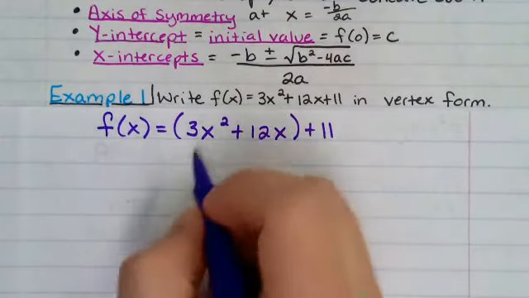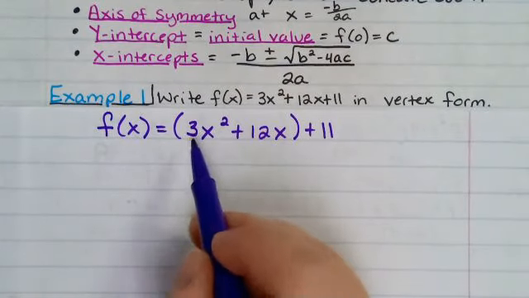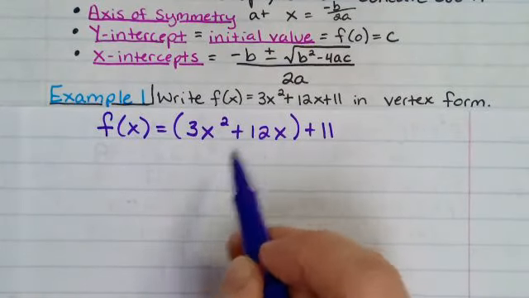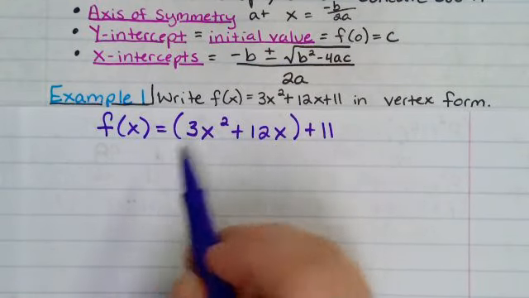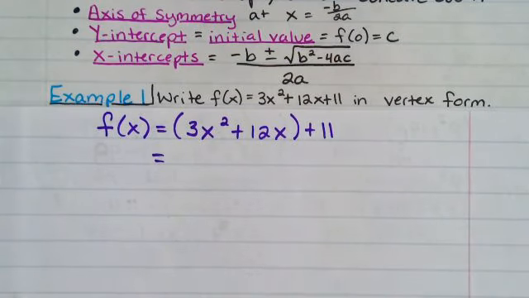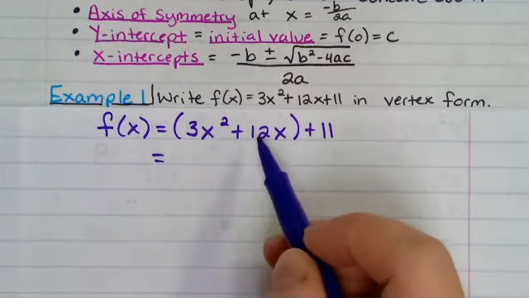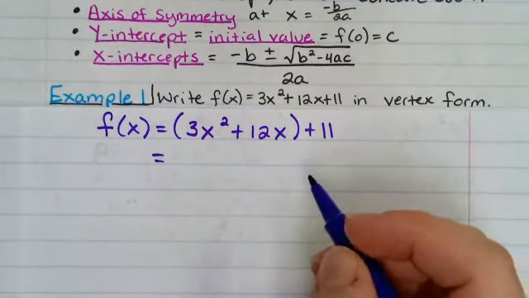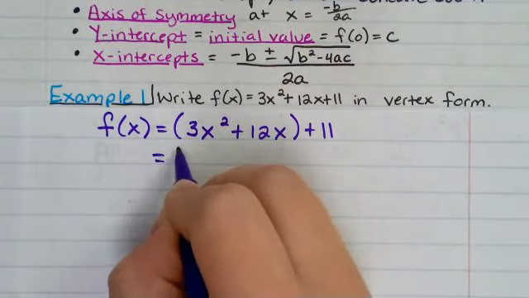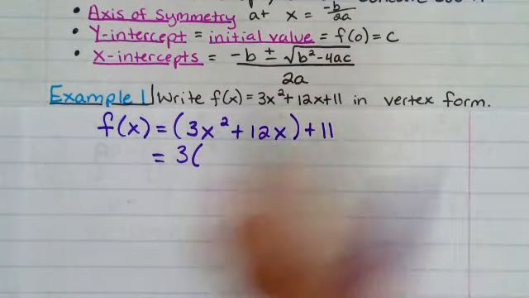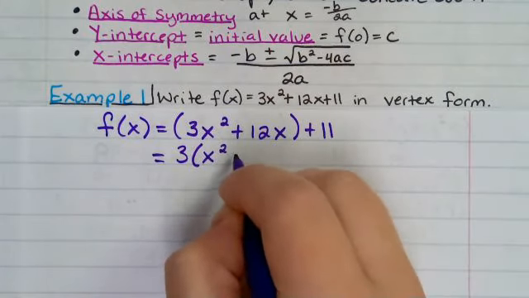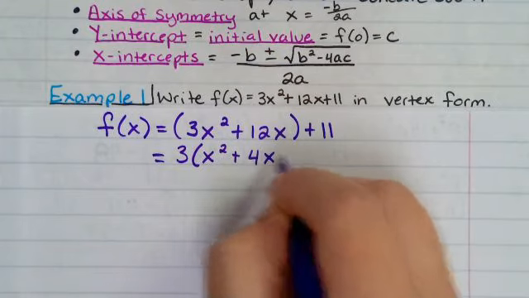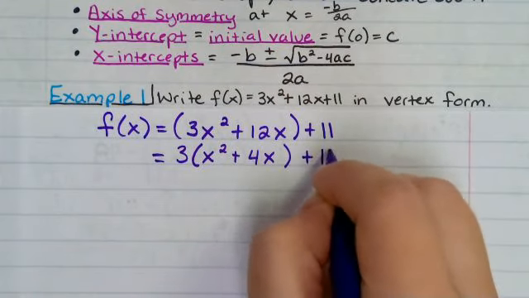Then the next thing we're going to do is factor out a GCF, but not the GCF in its entirety. We just want the coefficients. So look at your 3 and your 12. The greatest common factor of 3 and 12 is 3. So I can take that out. I'm going to leave the x's though. So we're still going to have an x squared, and then we'll have plus 4x on the inside.